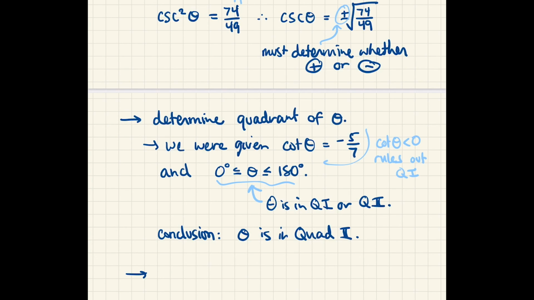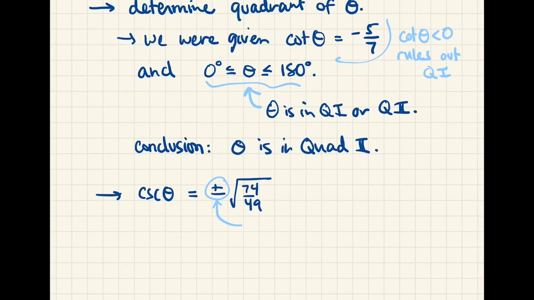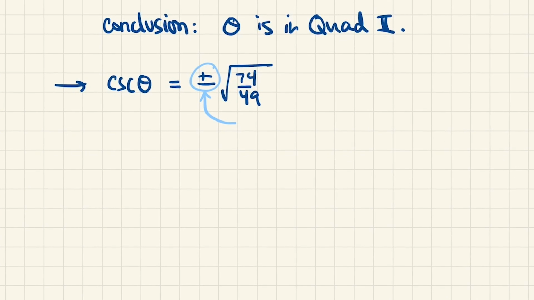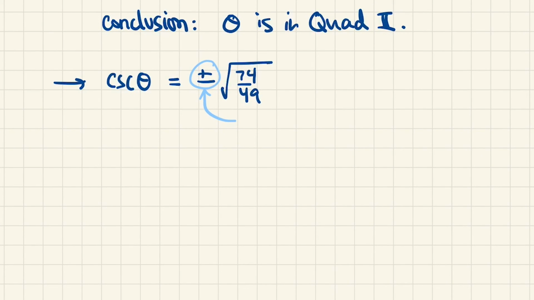So now, if we go back to cosecant of theta, we can establish whether or not this is positive or negative. And if you think about All Students Take Calculus, we are in the second quadrant, so we know sine is positive and cosecant is positive.